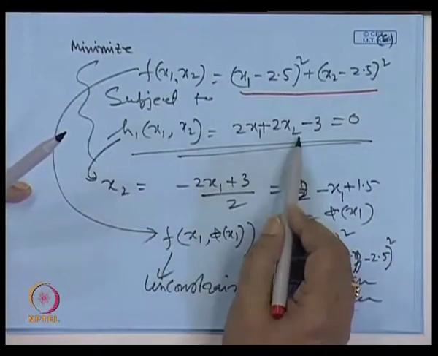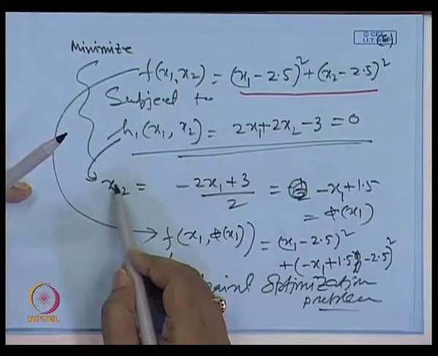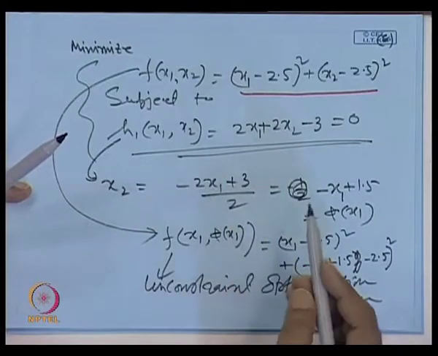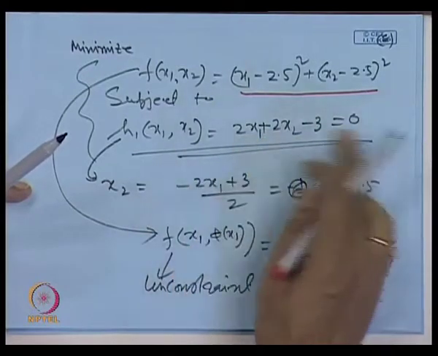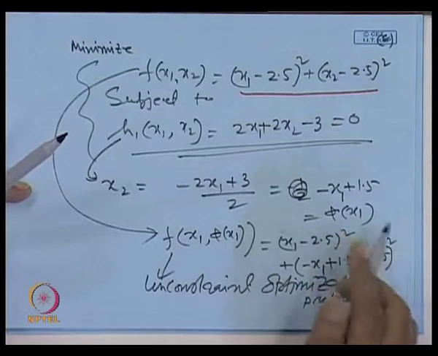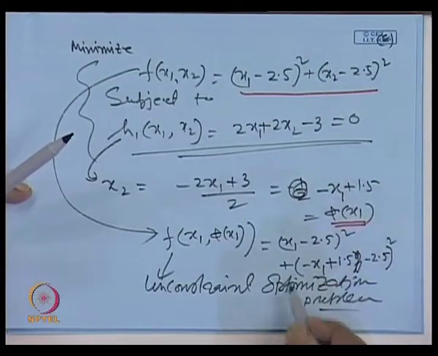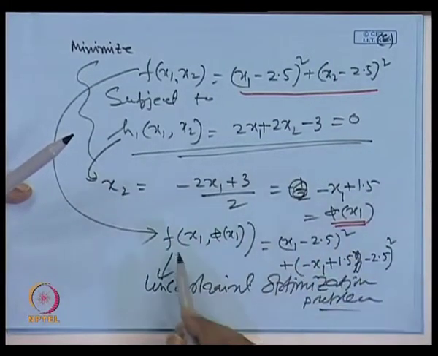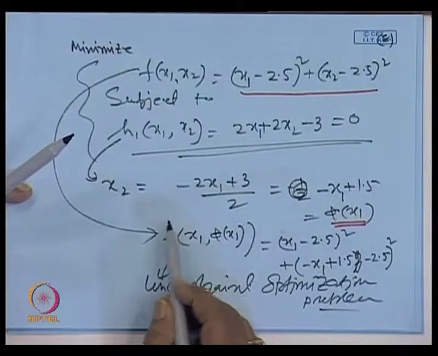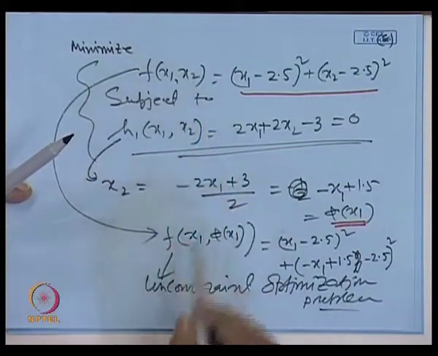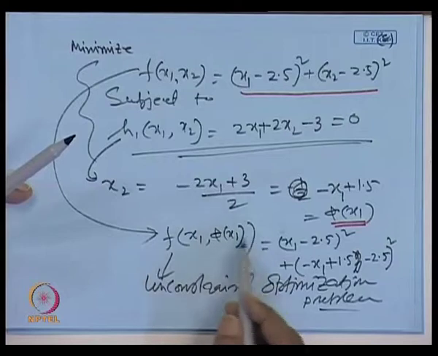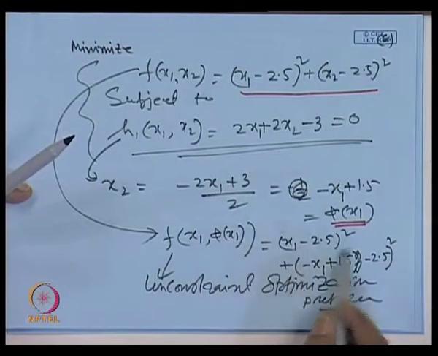That means x 2 is expressed in terms of x 1, so f of x, which was a function of x 1 and x 2, is now a function of x 1 only, x 2 being replaced by a function of x 1. So, this is the expression.